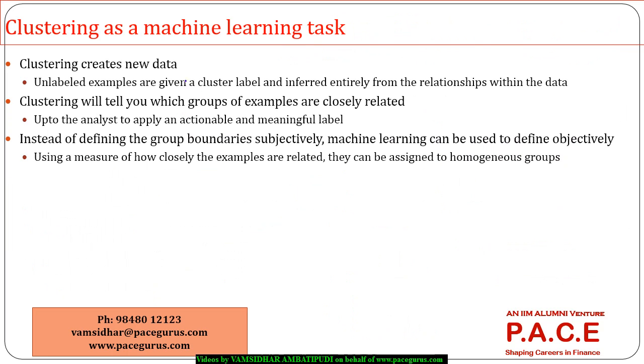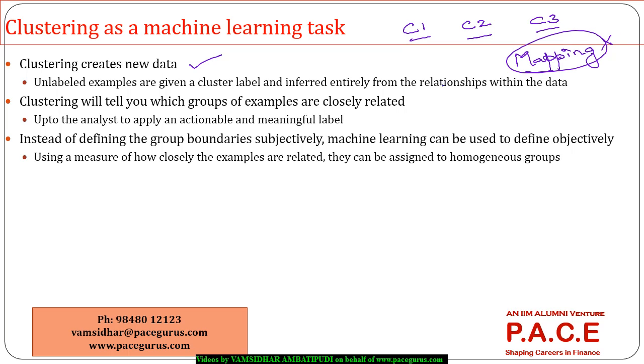So when it comes to clustering, there is new data creation occurring, because we don't have any kind of target variable, but the cluster numbers are identified and new data is created. There is no mapping between a class and the variables that determine the class.